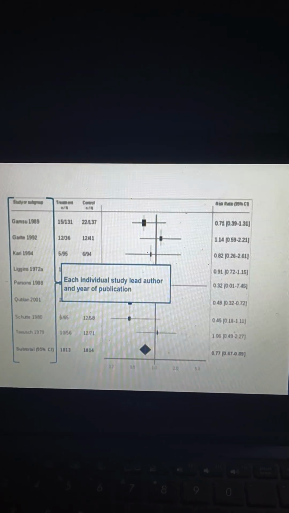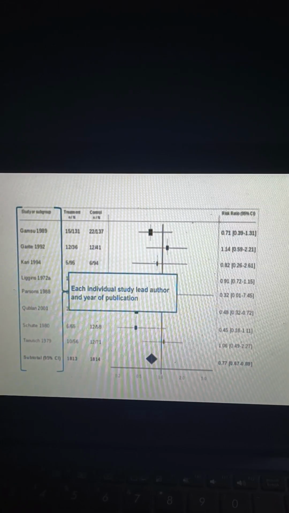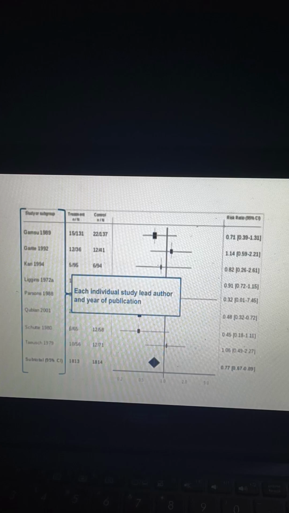This is a forest plot showing different papers, that is Gamsu 1989 and Carey 1994, and the risk ratio is given, 0.71 in the case of Gamsu 1989, and in other studies the risk ratio is mentioned here.